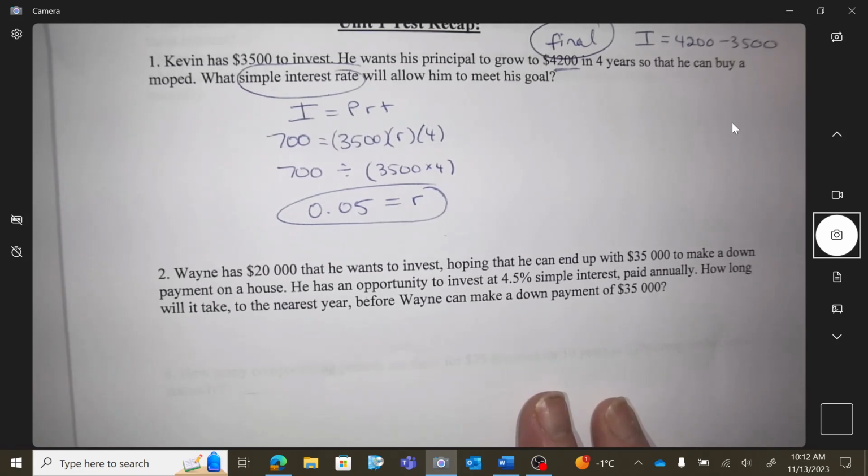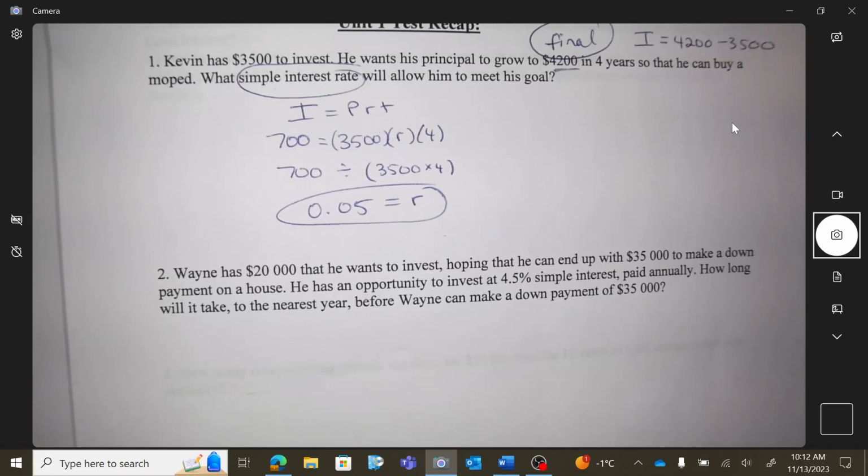Okay. Good? That's 5%. That makes sense, right? If I raise 5%, is that right? Yep.